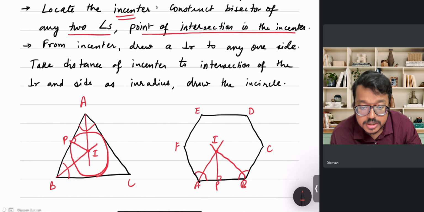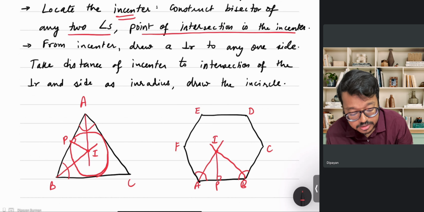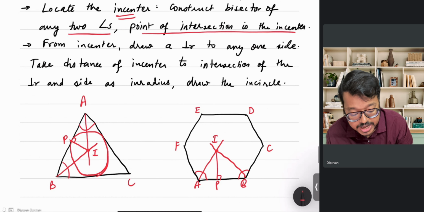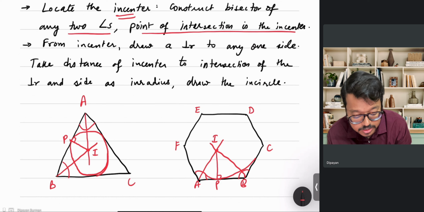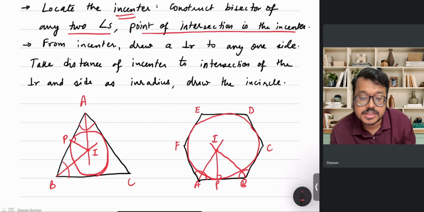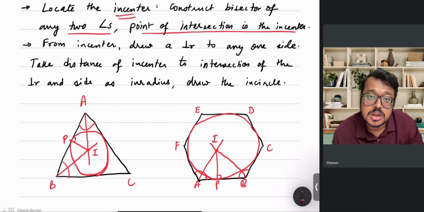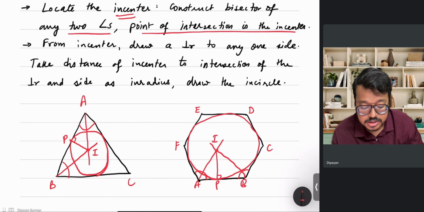Again, if you call it P, IP is the in radius. Then with IP as the in radius and I as the center, you draw your incircle. So all the 6 sides of the regular hexagon will be tangent to the incircle.